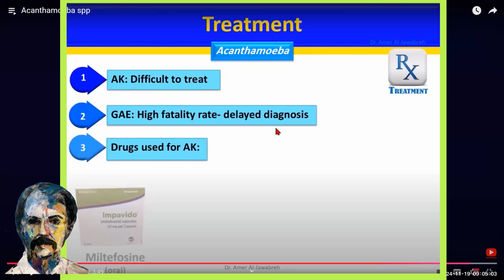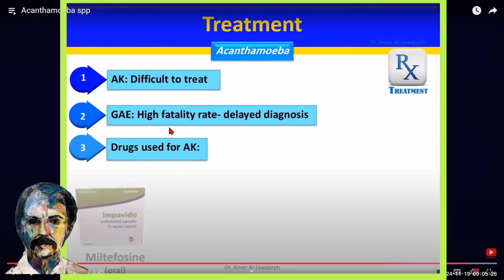Most of the doctors think that brain problems are bacterial meningitis, or viral meningitis, septic, aseptic. And by the time they find out that the patient is suffering from amoebic meningitis or amoebic encephalitis, the time is too late. The destruction and the damage has occurred.